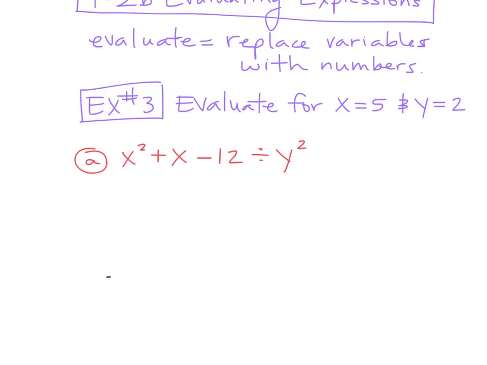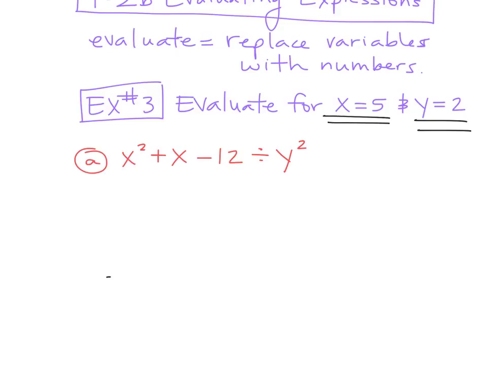Okay, so x is what? 5, and y is 2, right? So it said x is 5, y is 2. So wherever you see an x, you're going to take it out and put in a 5. Wherever you see a y, you're going to take it out and put in a 2.